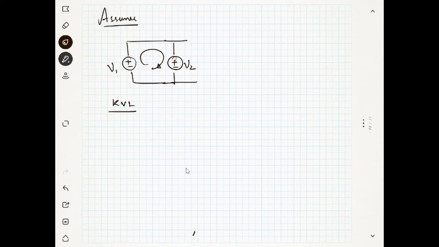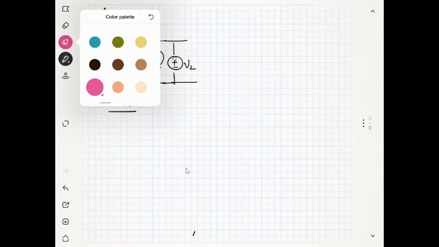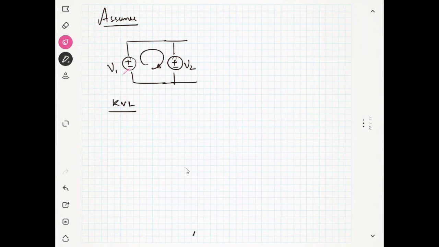Since I am starting at this point, it is minus V1, right? Now when I go here, this is plus, so plus V2 should be equal to 0. Suppose this is 3 volt and this is 2 volt, then minus 3 plus 2 equal to 0.